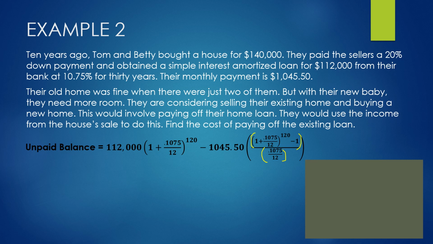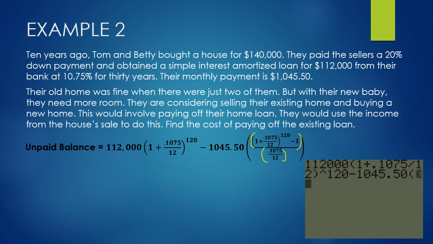Alright, so let's go through that. We have 112,000 times 1 plus 0.1075 over 12 raised to the 120, minus 1,045.50 times.